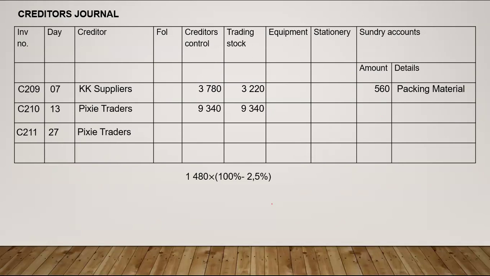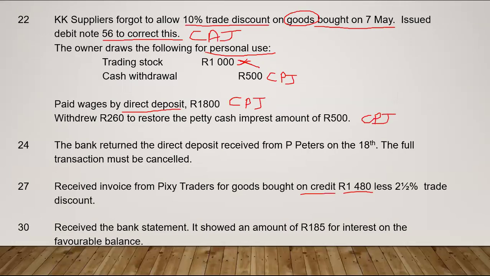It'll give me 1,448. This was for trading stock, therefore it will be recorded under trading stock. Remember, we do not record trade discount. If there was a trade discount, you record the amount after deducting the trade discount. Let's move on.